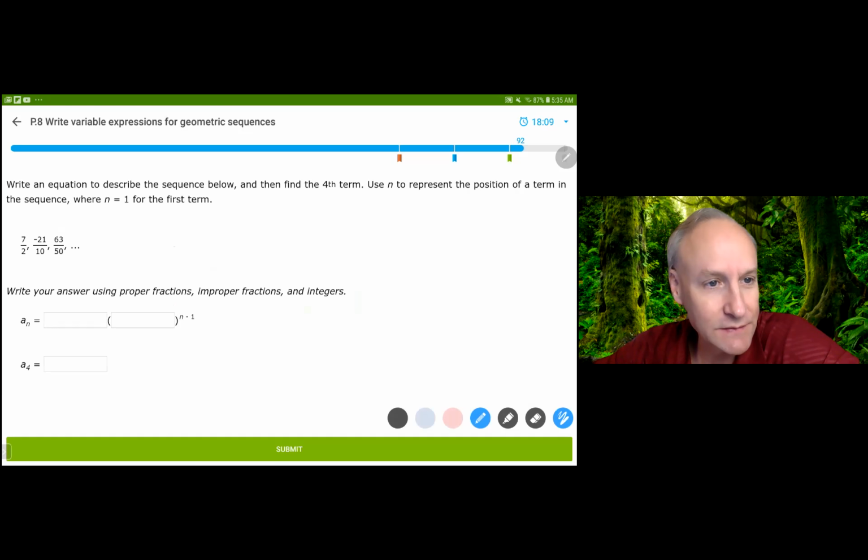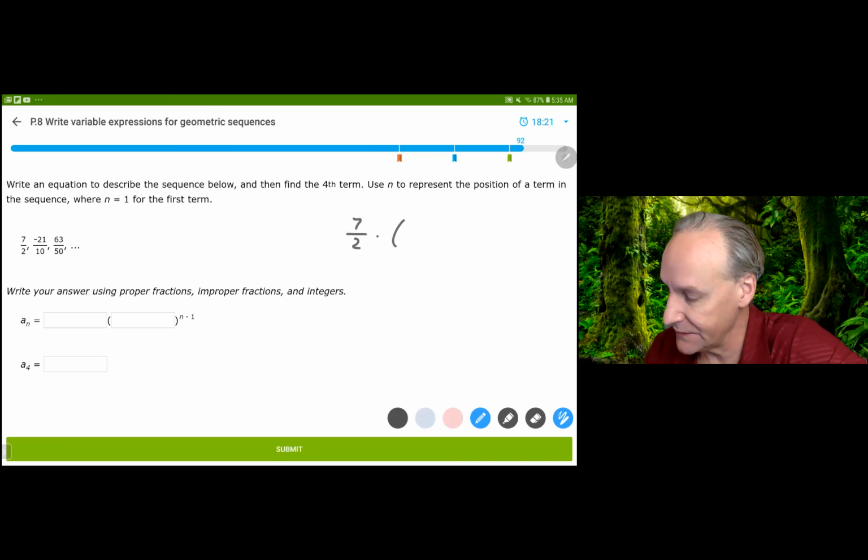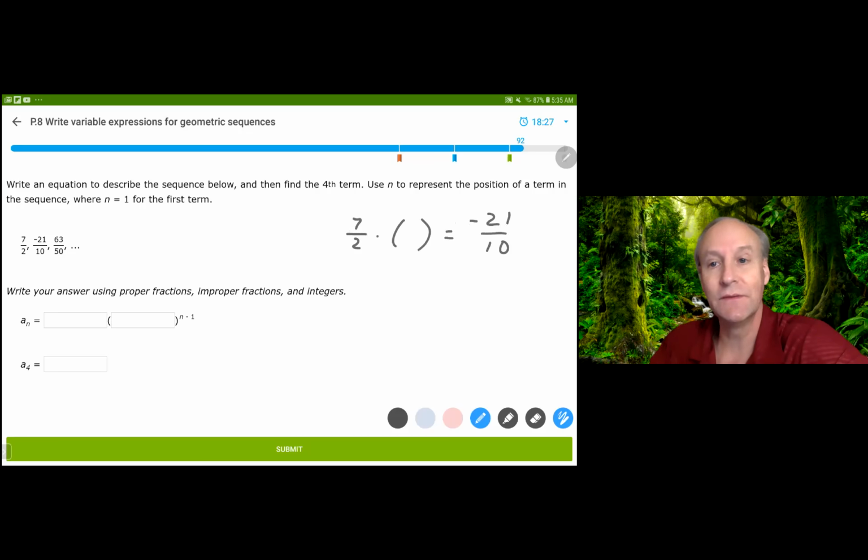Okay, what do we got next? Looks like we're multiplying by -3/5. Wow, think about it. 7/2 times what gives me -21/10? And yes, you could divide it, but remember, you'd have to divide it backwards.